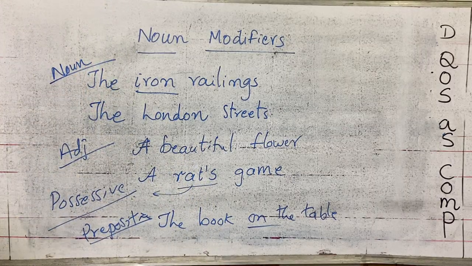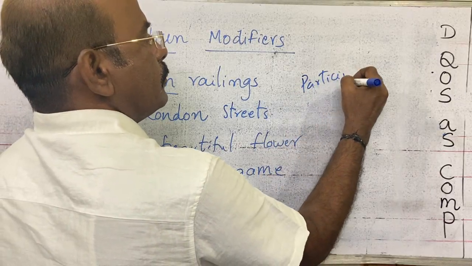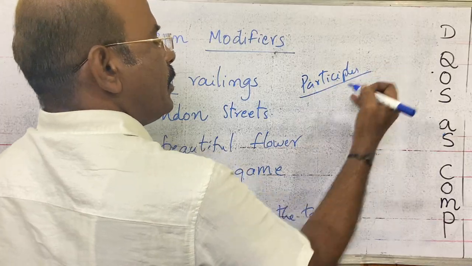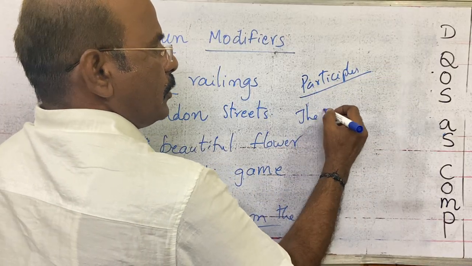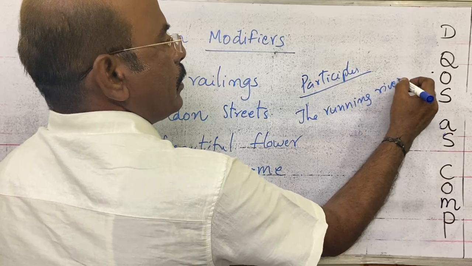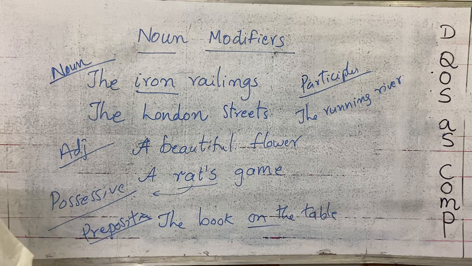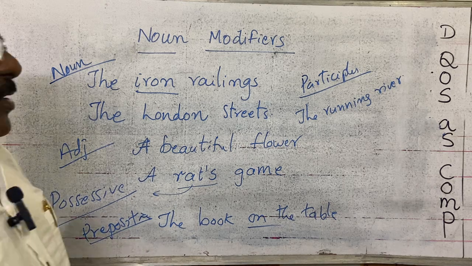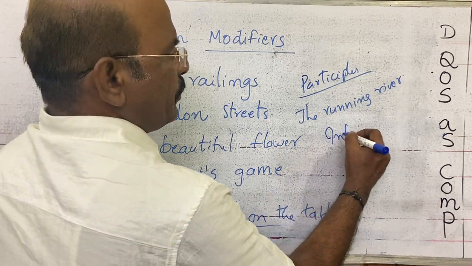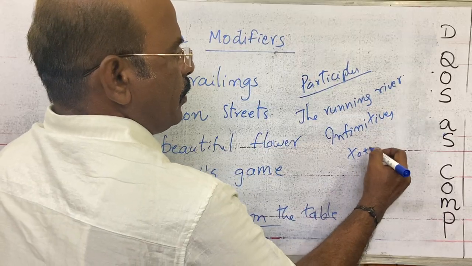Now like this, participles are also there. For example, participles: the verb coming with ing. The running river. The running here is the participle. And you can take some infinitives also. That means to plus v1.